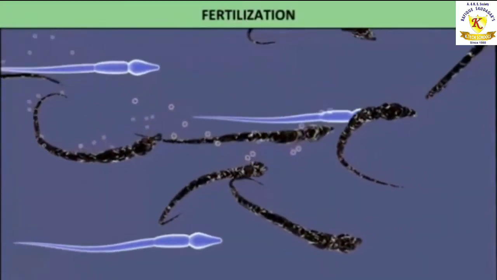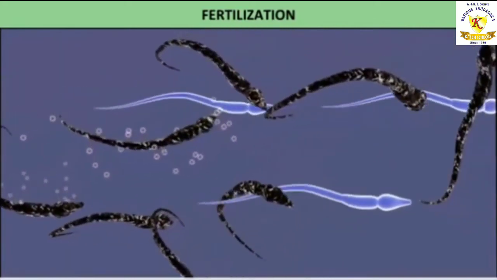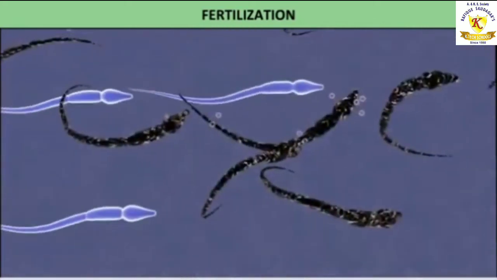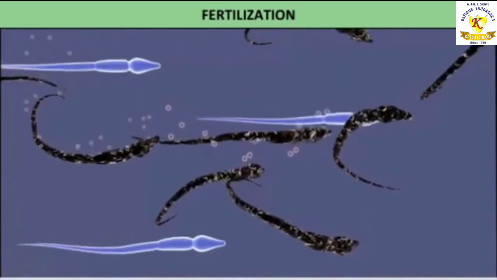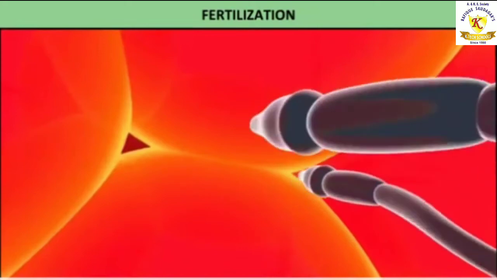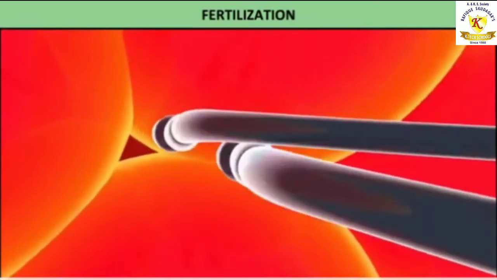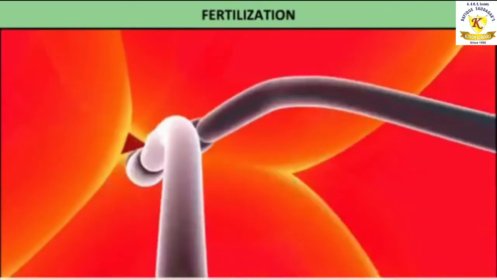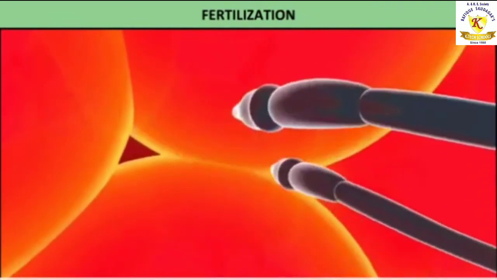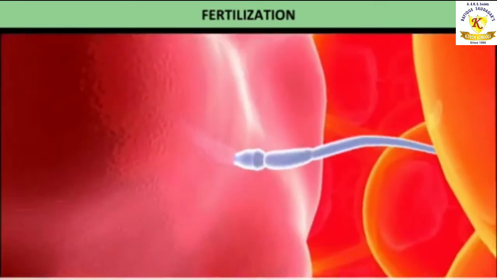Now fertilization. A large number of sperms enter the vagina, but only one or two active sperms take part in the process of fertilization. During fertilization, the head of the sperm enters into the ovum.